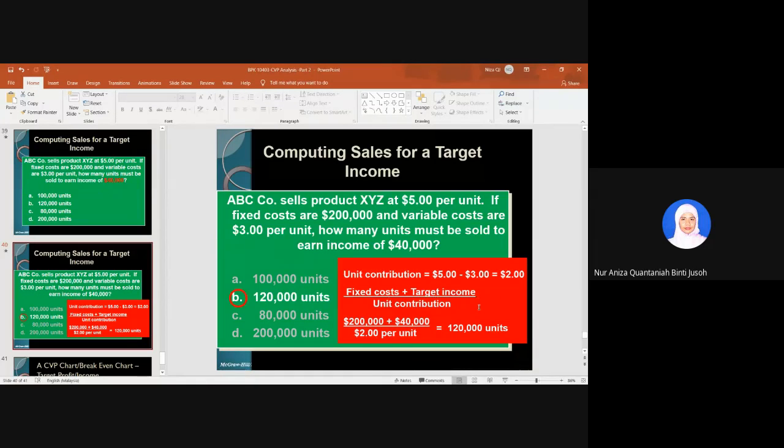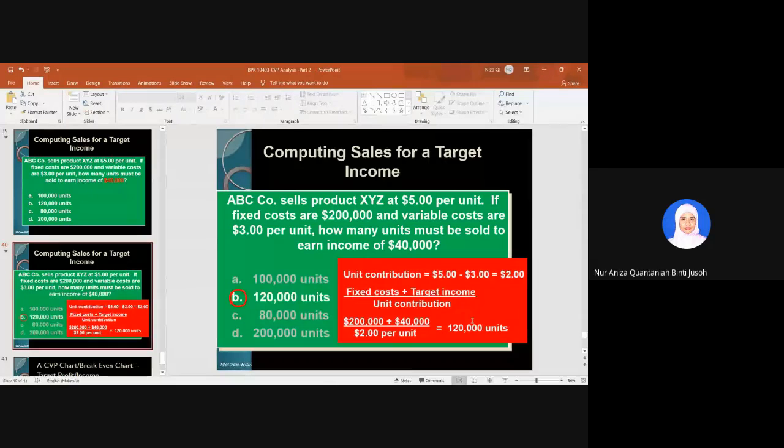So if you want to find the amount in sales dollars, fixed cost plus target income is 240,000. Now if you use the CMR, divide by berapa tadi? 0.4. So you will get the new amount of sales dollars.